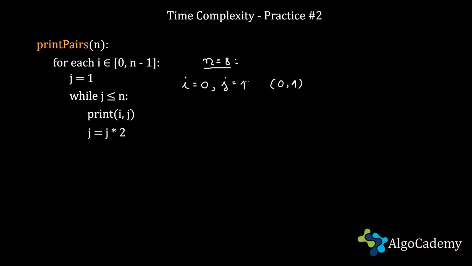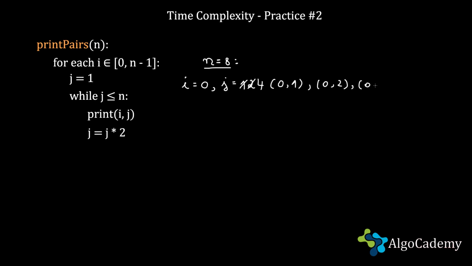Awesome. Then we multiply j by 2, so now j becomes 2. Perfect. We enter the while loop again because 2 is less than or equal to 8. Print this pair. The next pair is 0, 2. j gets multiplied by 2 again, j equals 4. It's still good.